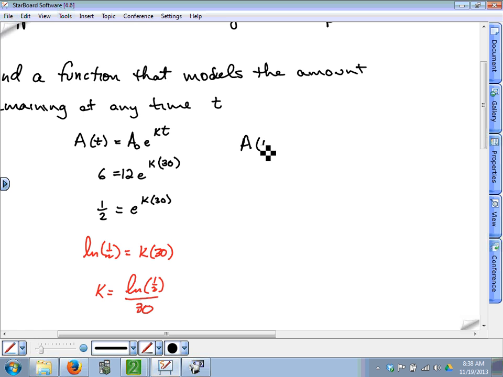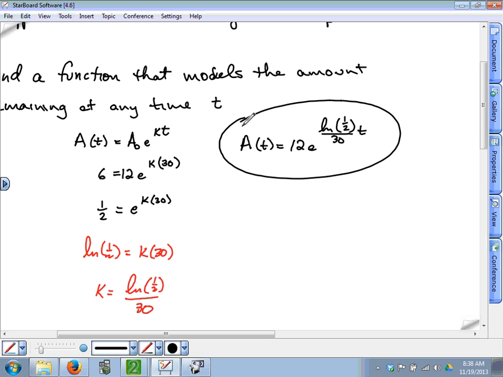The amount at any given time t is equal to the initial mass of the substance, which is 12 grams, times e to the natural log of 1/2 over 30 times t. Using that model, scientists could predict the remaining mass of the substance at any given time, not just an interval of its half-life.